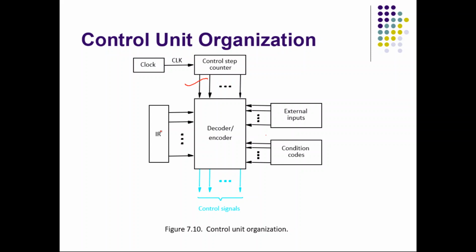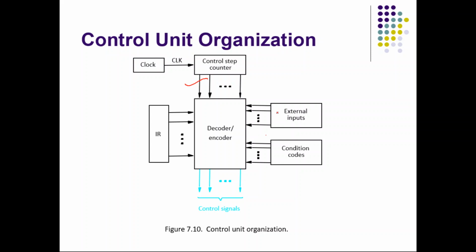Okay, that instruction will be passed by IR. These are the things that should be done, that will be given to the decoder or encoder logic, and accordingly those steps will be performed. Okay, and external inputs, in the sense, these can be either interrupts which are created by some external devices.